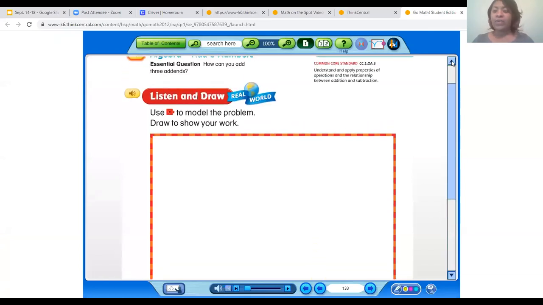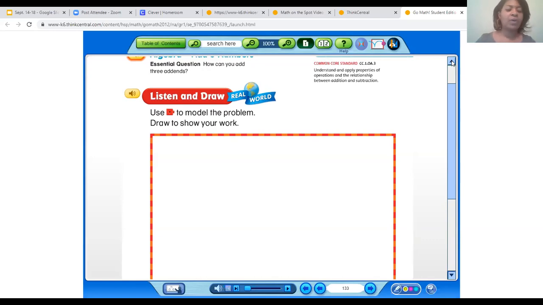Now, if you have some type of objects that you would like to use as a manipulative, go right ahead. Sometimes you can go to the Dollar Tree and get those little foam cubes. If not, you can get 3 different coins, or we can just use pencils or crayons and markers to help us get that visual of adding 3 different numbers.